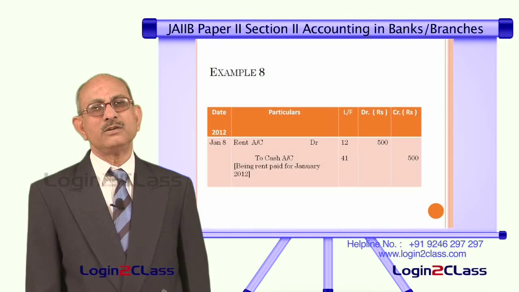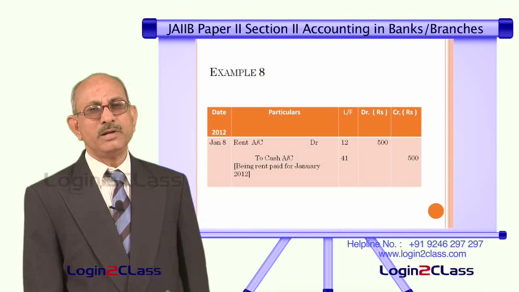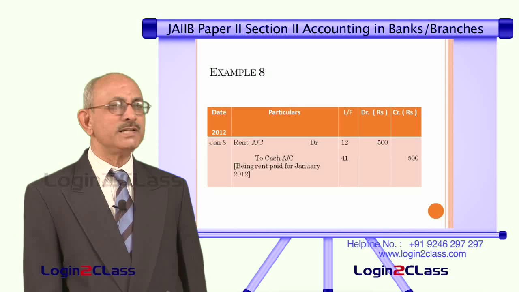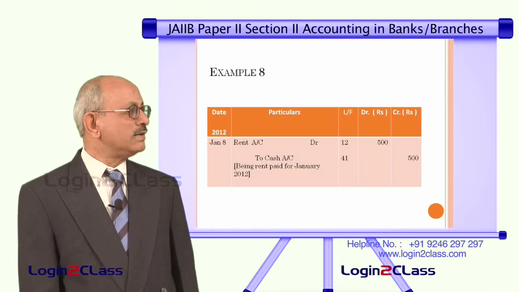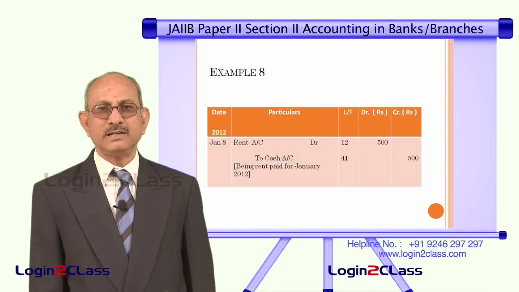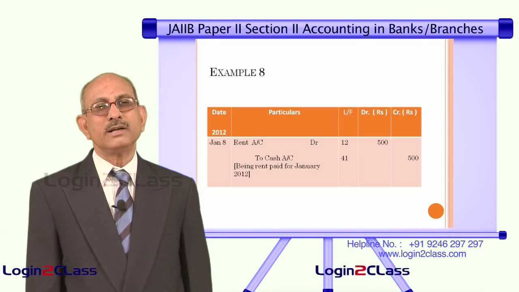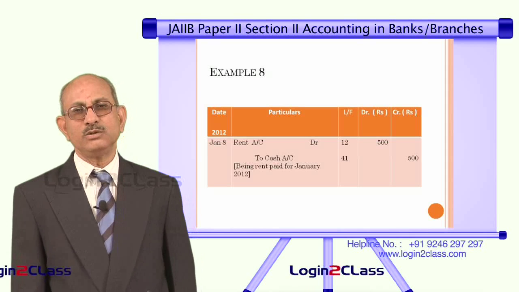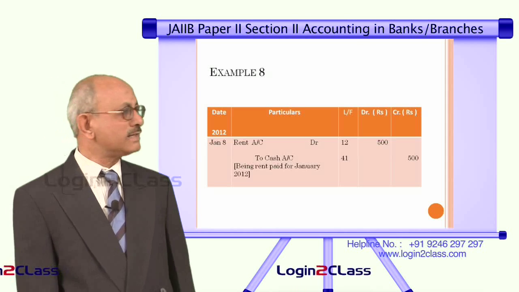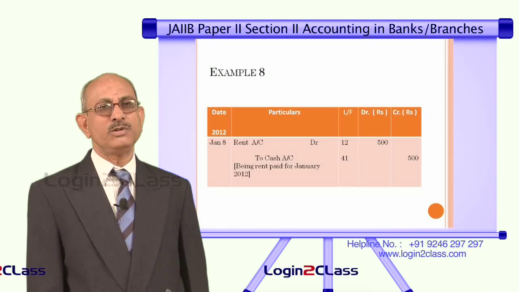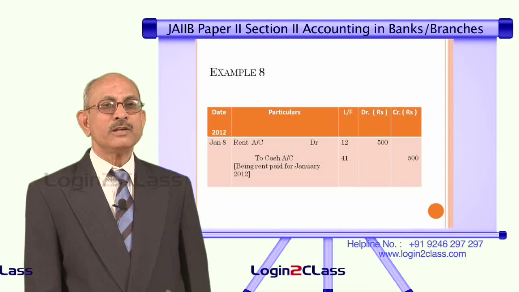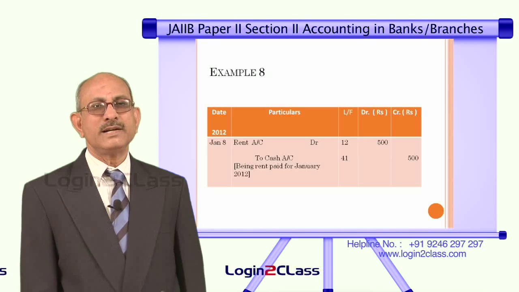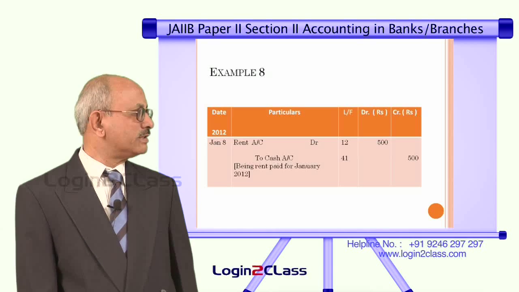So whenever the nominal accounts are there, you have to debit all expenses and credit all incomes. So since rent is an expenditure, you have to debit rent account, and cash is a real account. So credit what goes out, debit what comes in. That is the rule for real account. So cash account has to be credited. So how do you record this transaction in the books? You have to write: rent account debit 500 rupees and cash account credit 500 rupees.